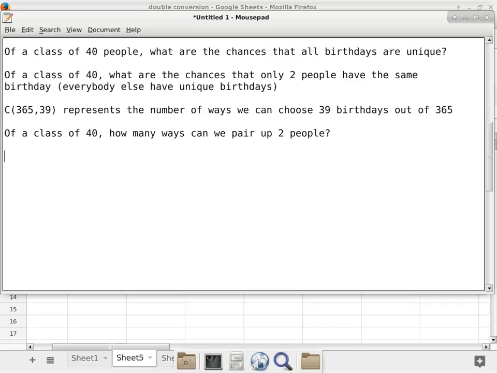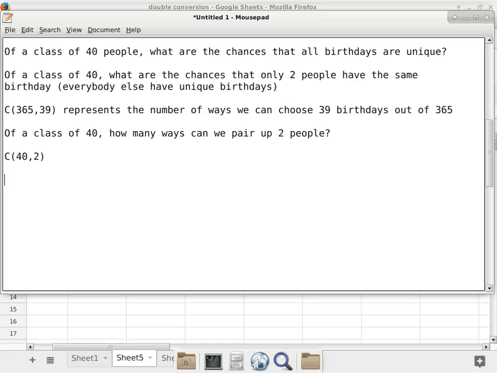It doesn't matter whether I choose this person first or that person second, because as long as these 2 people are the ones sharing the birthday, it doesn't matter, because they have the same birthday, right? So this is the combination of 40, choosing 2 out of 40. So how do we work this out now?